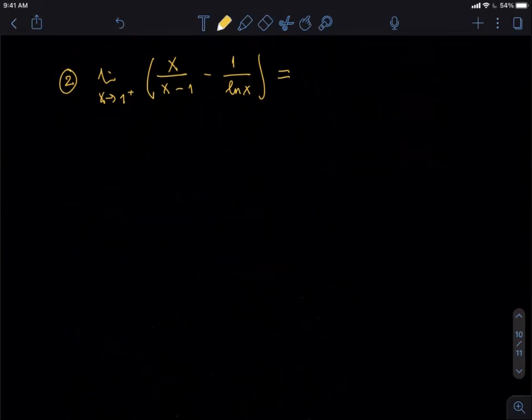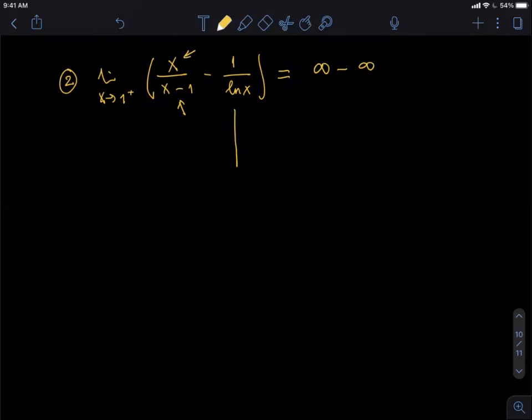And in this case, as I take the limit of x over x minus 1 as x tends to 1 from the right, because the x in the numerator is positive, and the one in the denominator is also positive but tending to 0, I'm going to get infinity, and then minus 1 over 0. Okay, that is also going to be infinity.